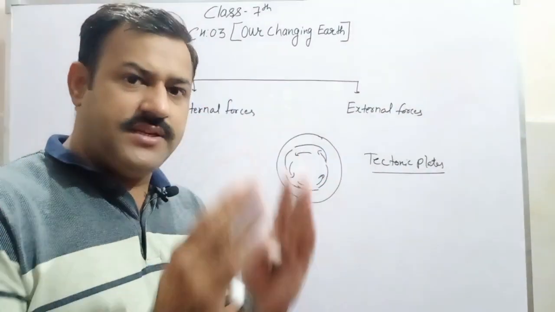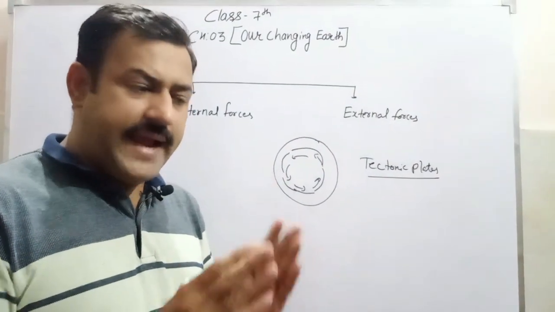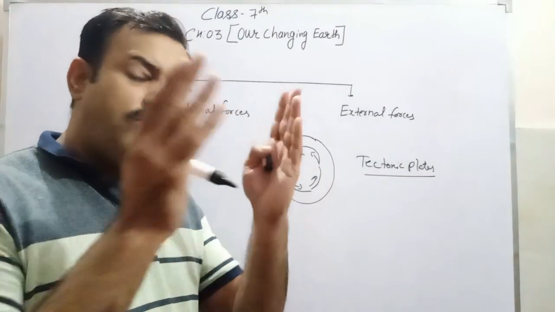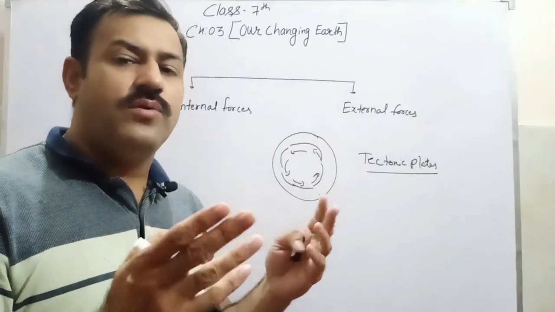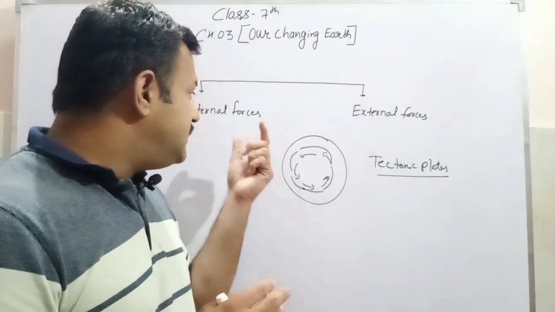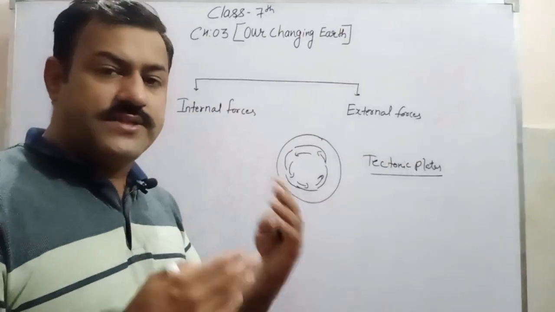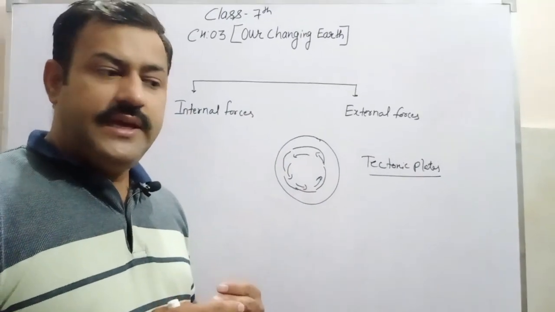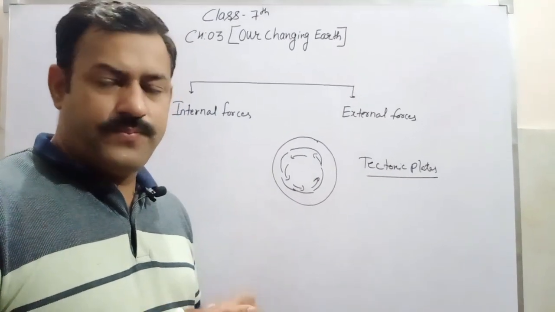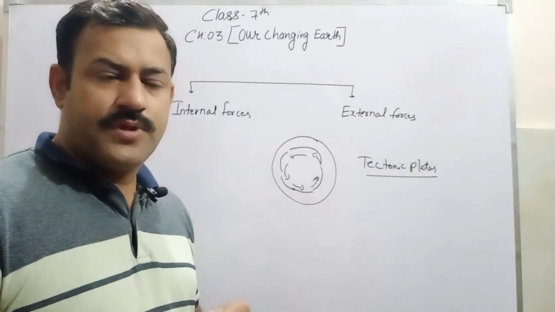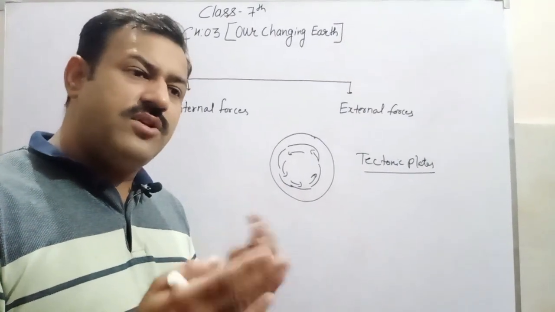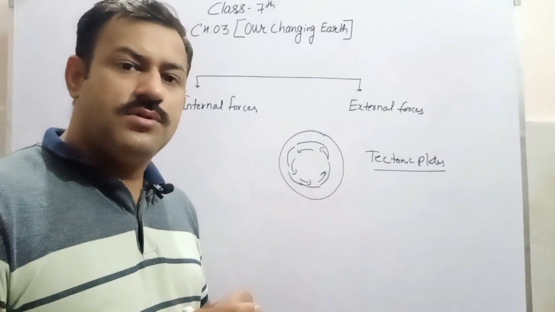It makes a vent, it makes a crack in the lithosphere, and the magma starts to come up on the earth crust, which is called volcano. So just because of these kinds of internal forces, either volcanic eruption is happening or earthquakes are happening.